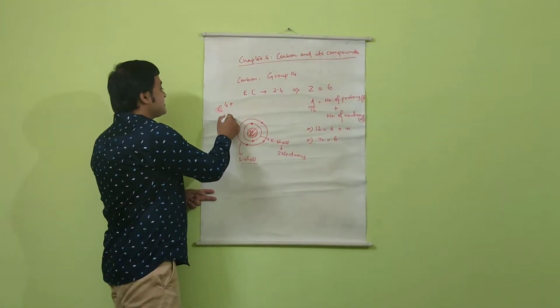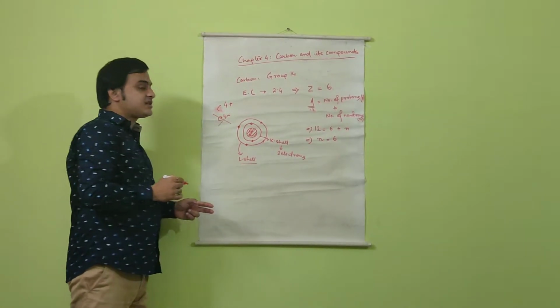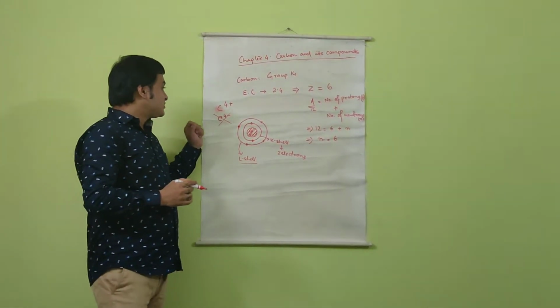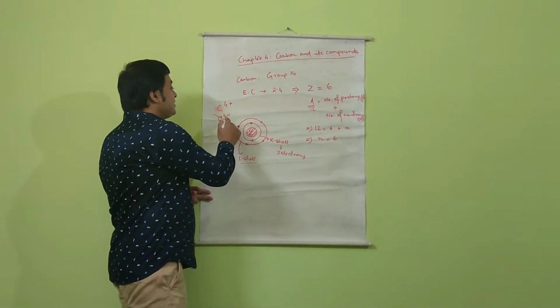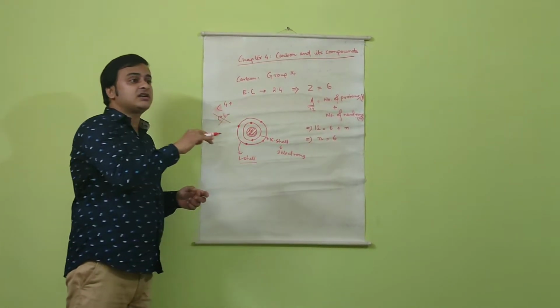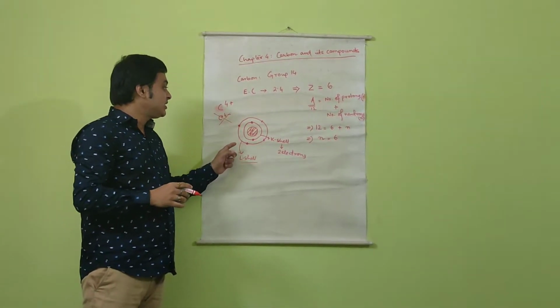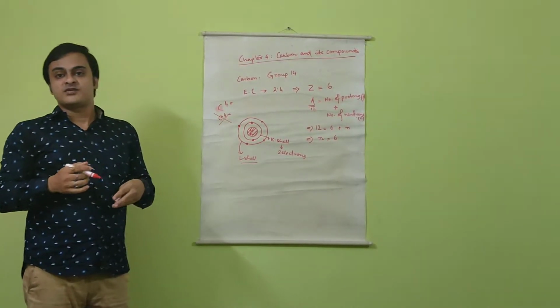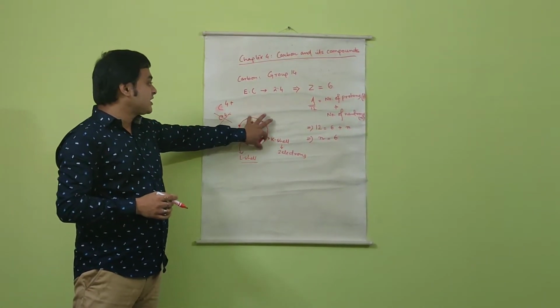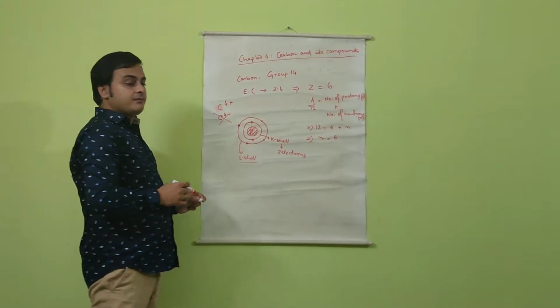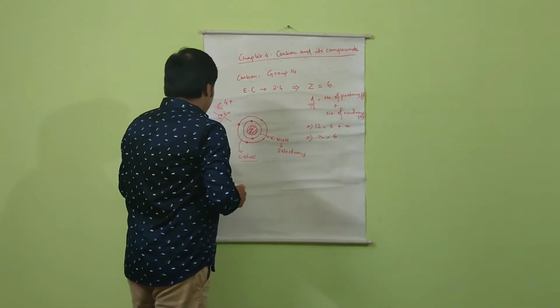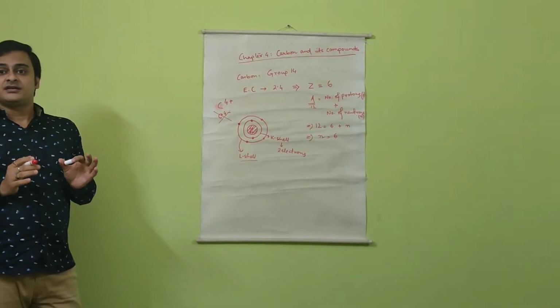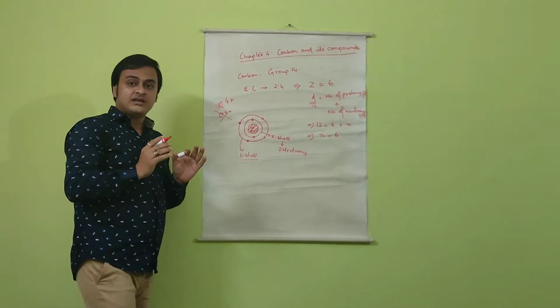So this is ruled out. It cannot gain electrons, and the possibility of carbon to lose 4 electrons from its L shell is also not possible, because losing the 4 electrons requires an enormous amount of energy which carbon cannot possess. Now, how will carbon obtain stability?